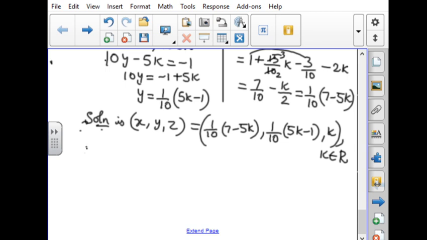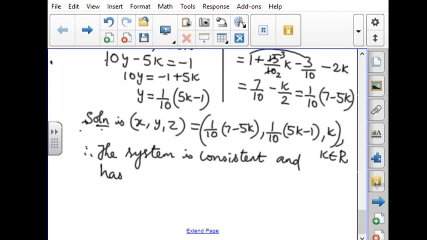So finally, we have to write down the answer as: the system is consistent and has infinitely many solutions.